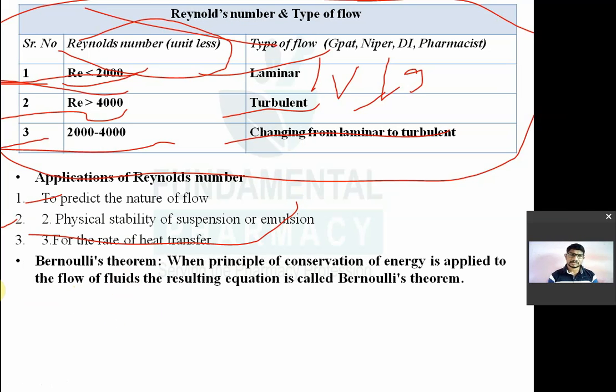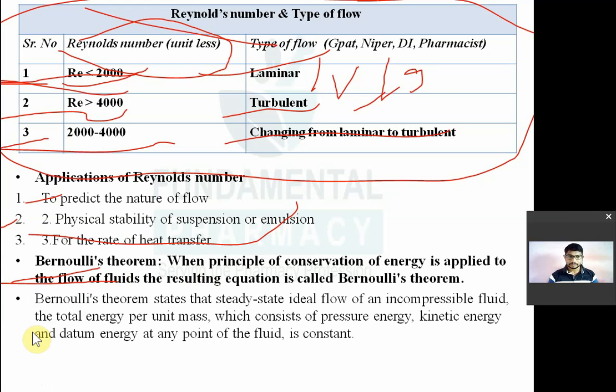There is another theorem in this chapter known as Bernoulli's theorem. When the principle of conservation of energy is applied to flow of fluid, you will get an equation known as Bernoulli's equation or Bernoulli's theorem. So what does Bernoulli's theorem state?